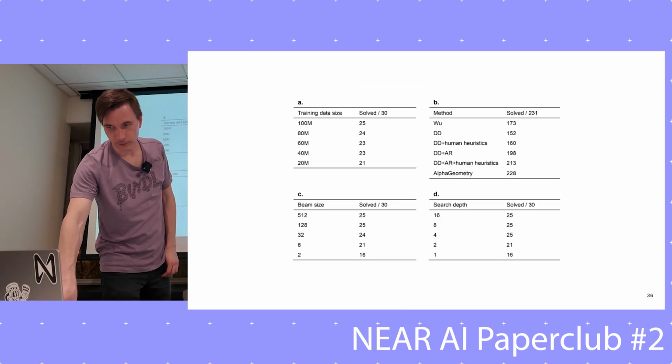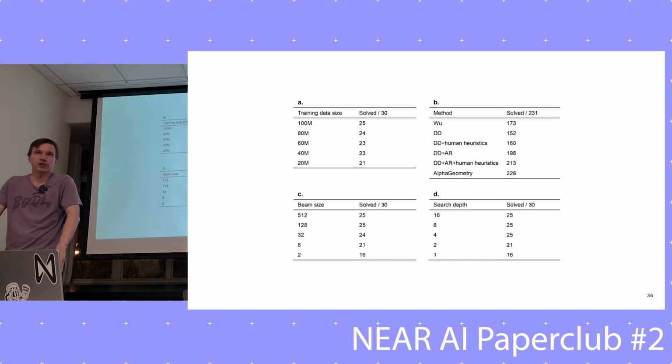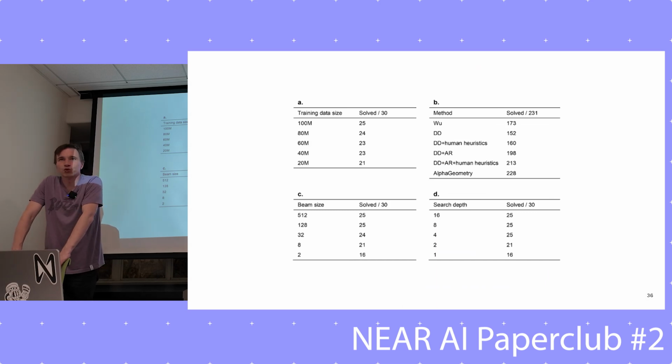Okay, this is the last slide. That's it for AlphaGeometry. They did publish another paper after AlphaGeometry, called AlphaProof. We don't know much about that one, but they did expand to.